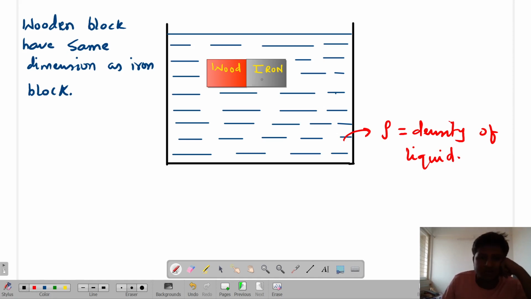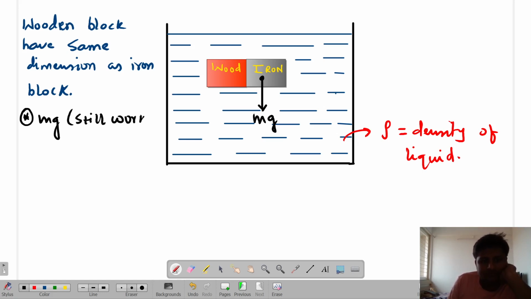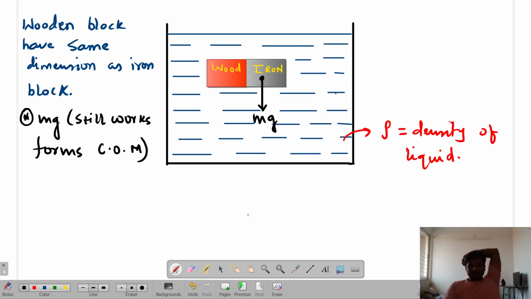The mass of the iron block will be more. Exactly. So mg will work from where? Center of mass. Whatever happens, total mg still works from the center of mass, isn't it?